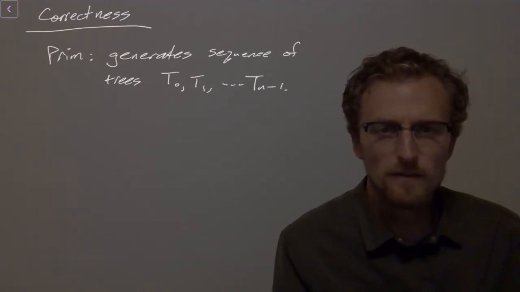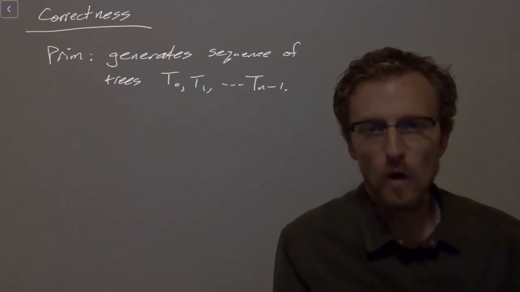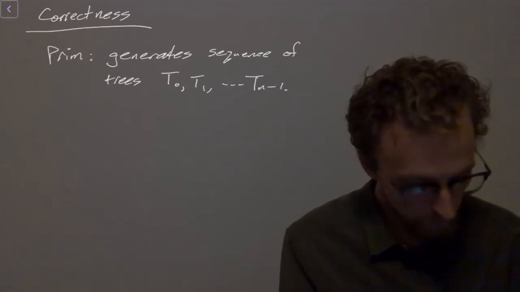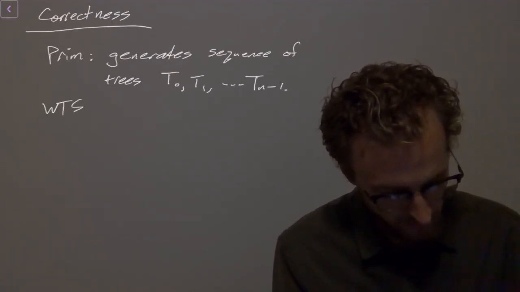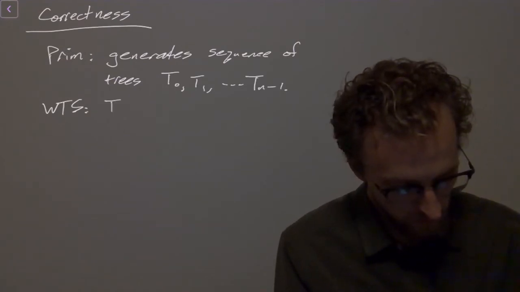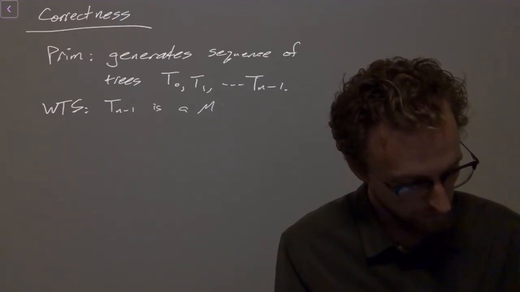Our claim, our hope anyway, is that Tn minus 1 is a minimum spanning tree of the original graph. So what do we want to show? We just want to show that Tn minus 1, the last tree in this sequence, is an MST of the input graph.